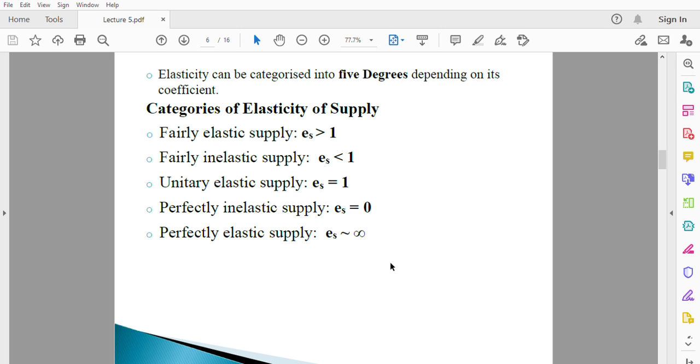And the last one is perfectly elastic supply. If you calculate elasticity and it approaches infinity, or sometimes in some books it's written if it is equal to infinity, you have perfectly elastic supply. So these are the 5 categories or 5 degrees of elasticity of supply.